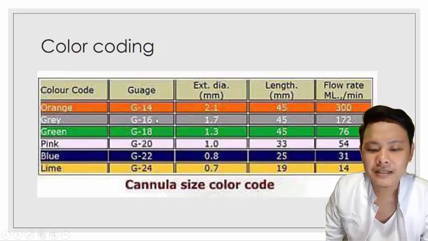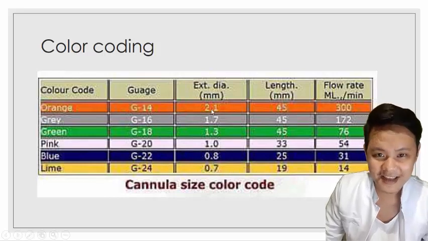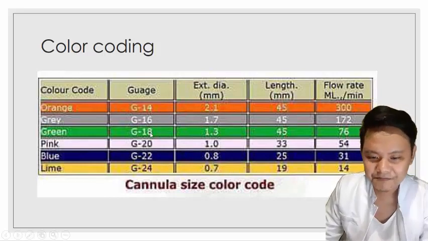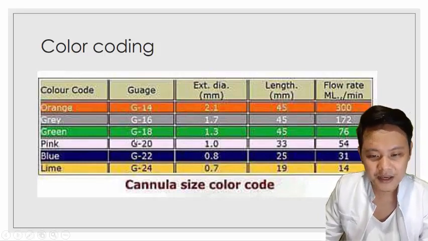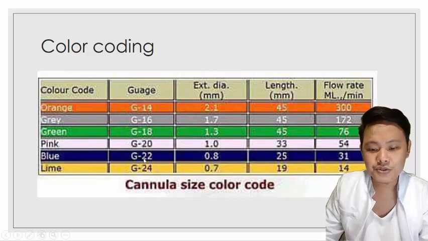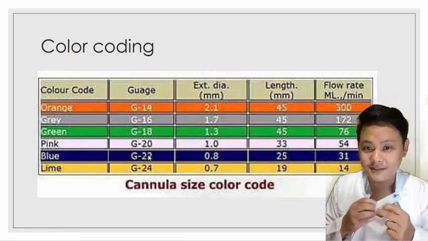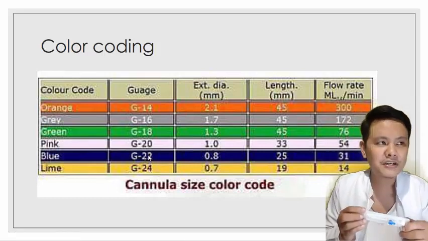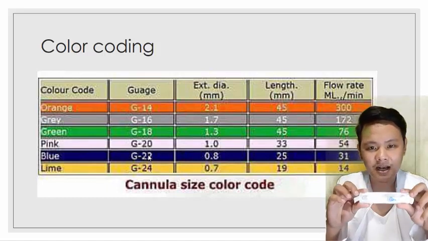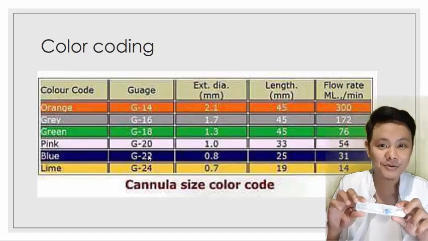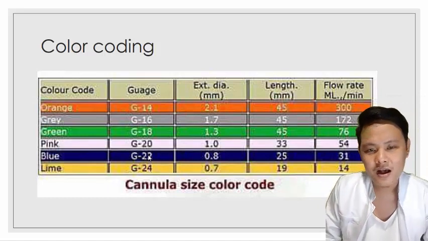So, pag bumaba po ang number, tataas ang diameter. So, as you can see here, ang average natin is we have 18 and 20, pero I use 22 kasi mas smooth ipasok ang gauge 22. As for me, and some other nurses will agree din naman na ginagamit madalas nila is the pink and then the blue. So, don't forget those color coding, okay?